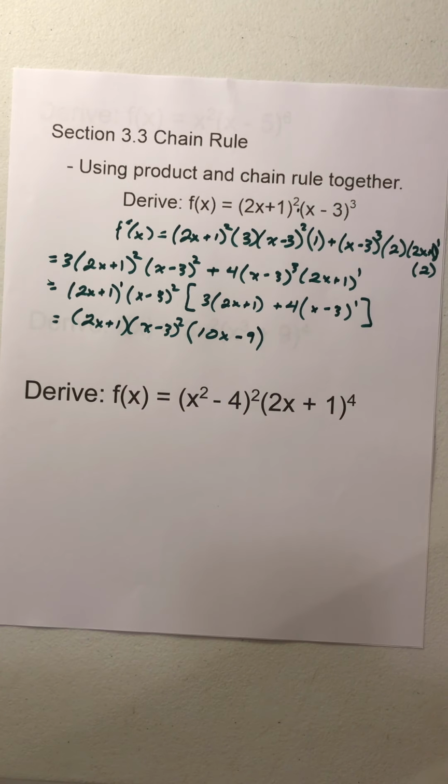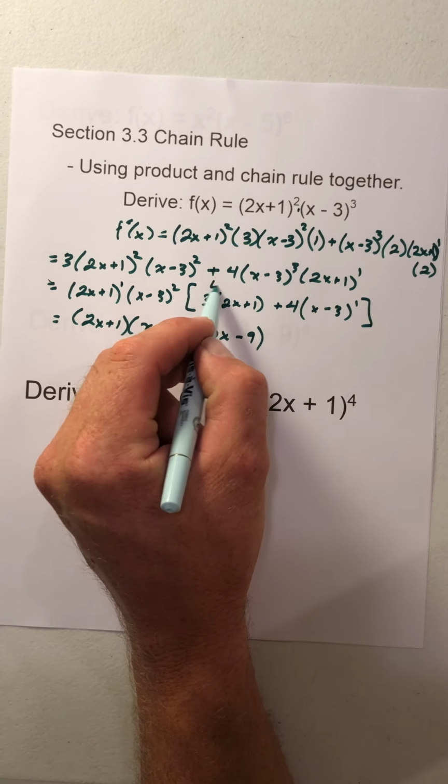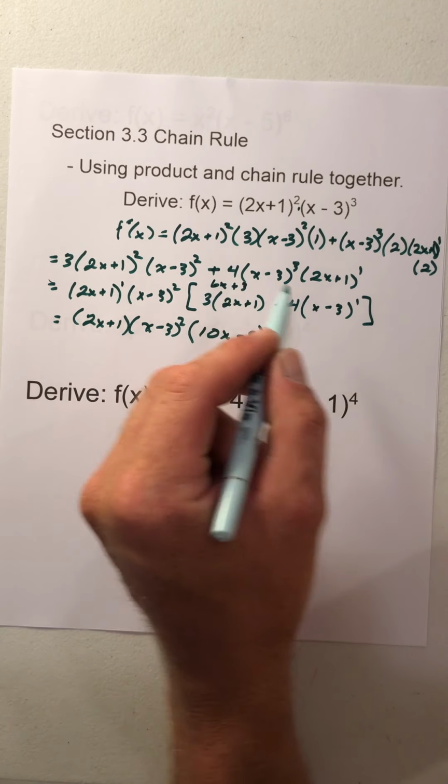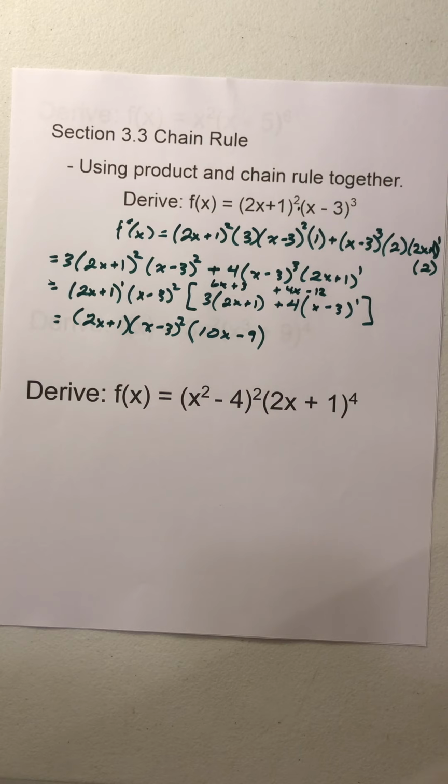And that gives us our nice, clean, beautiful answer. Don't you love the product rule with a chain rule? If you want, you could multiply the 3 through and write 6x plus 3 above it. Some of us need that extra bit of visual, which is not a problem. That way you can see your 10x minus 9 a little easier.